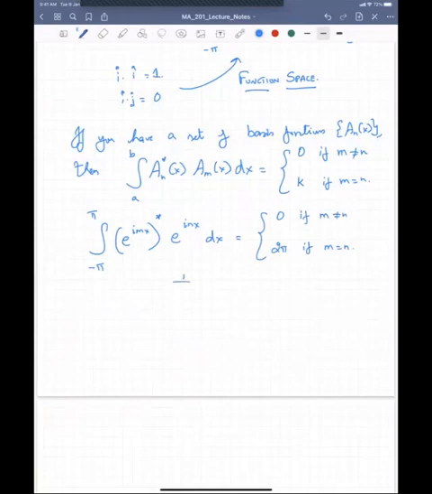So I can claim that 1 over square root of 2 pi times e to the inx are basis functions. What do I mean? I mean that I can expand any function f of x as a linear combination of e to the inx, just like I can expand any function f as a linear combination of cosine n pi x and sine n pi x.